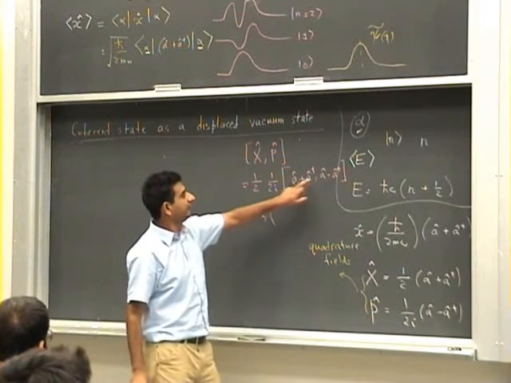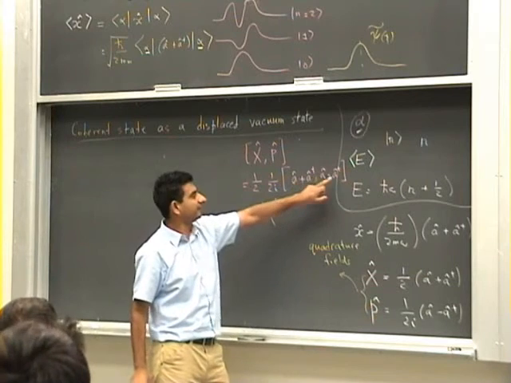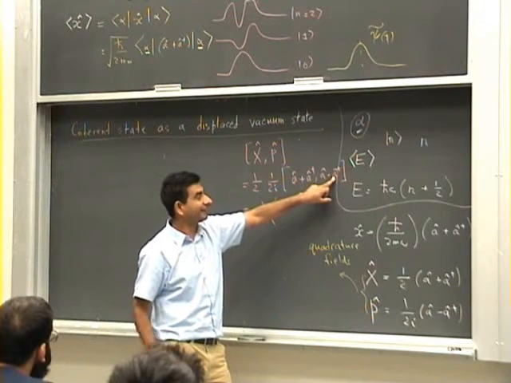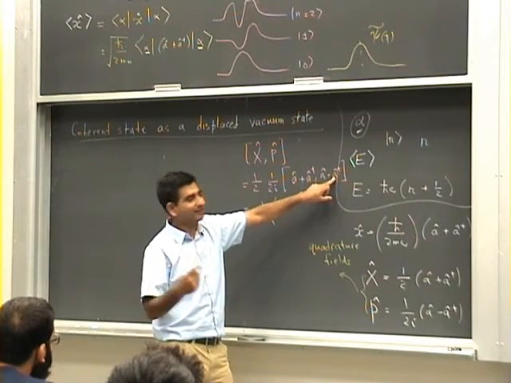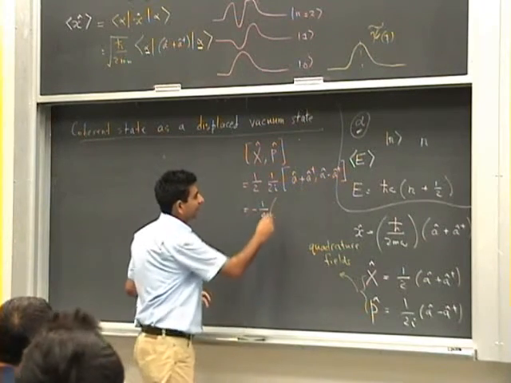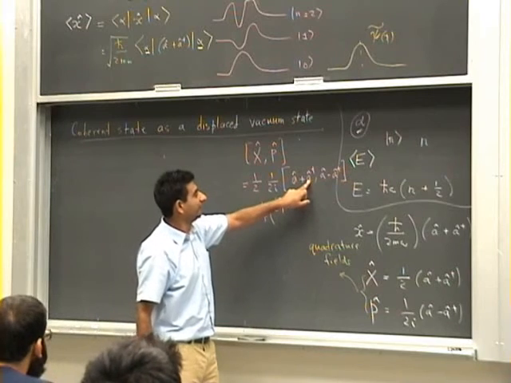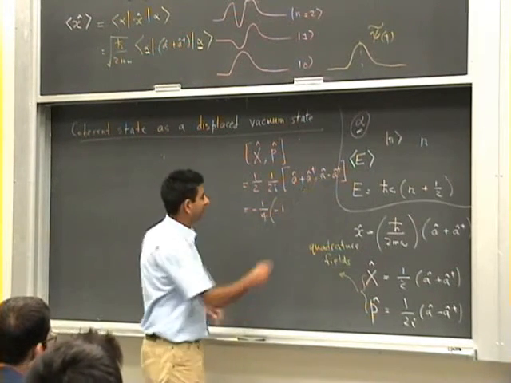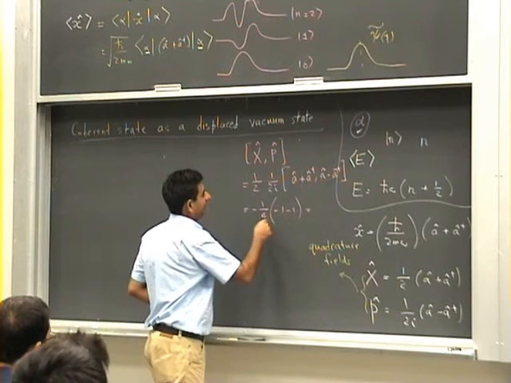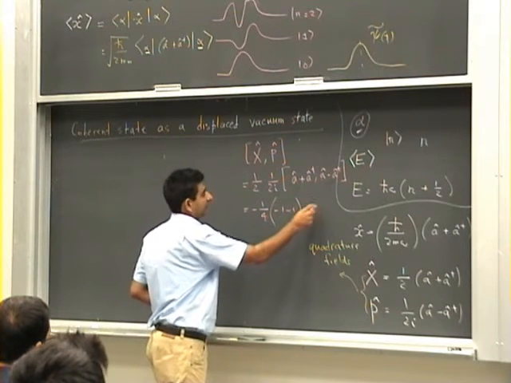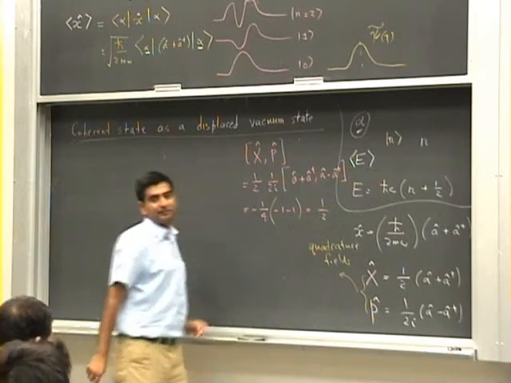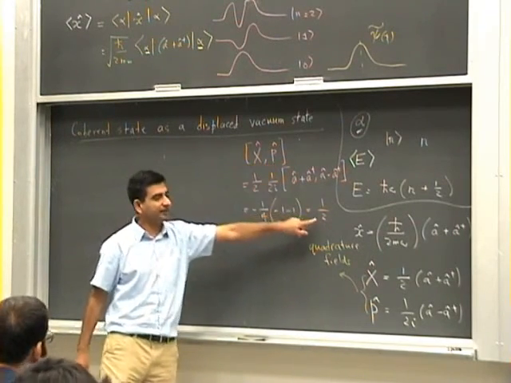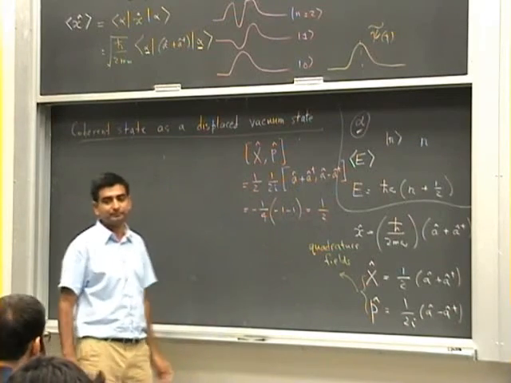The commutator of a with itself is 0. The commutator of a dagger with itself is 0. The commutator of a with a dagger is 1, but there's a minus sign here, so minus 1. The commutator of a dagger with a is minus 1, so I put a minus 1 here. I get 1 over 2i. So the commutation relationship between these dimensionless observables is i over 2.